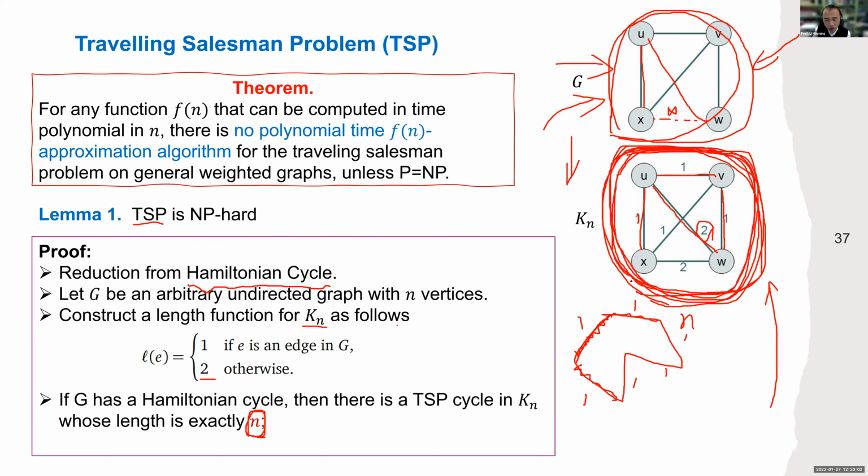If its length is not n, that means it is not possible to go only through those edges with weight 1. So somewhere, if you want to find a tour, you have to go through some place which has no edge originally. Like this. So that's the mapping between these 2 versions of the problem.